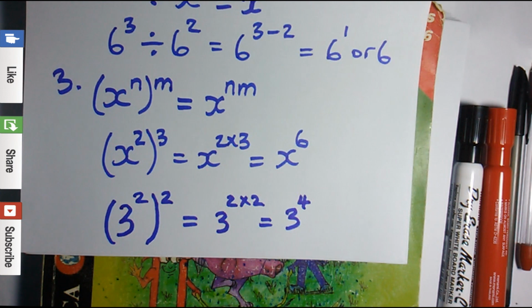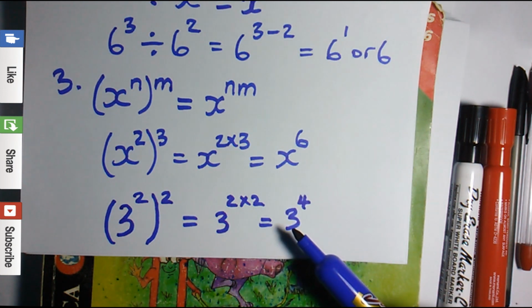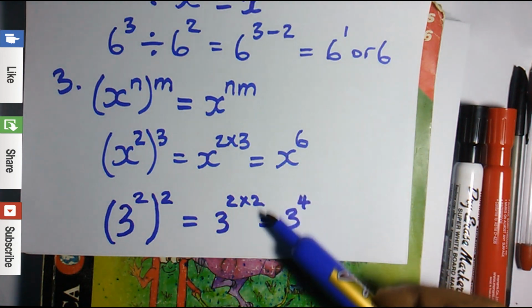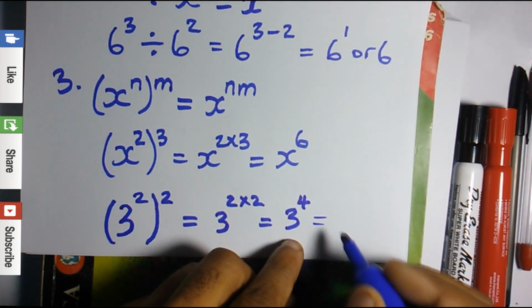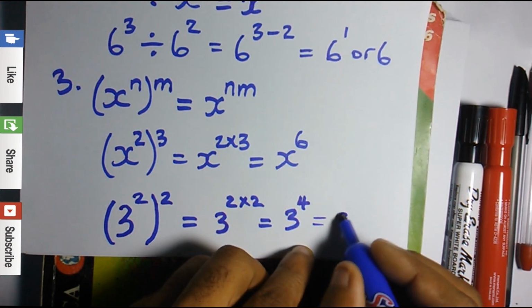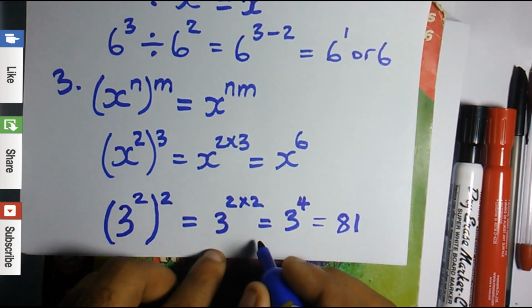As I said before, if they wanted the answer in exponential form, meaning the base with the exponent without solving, we would leave it like this. But what if they wanted us to give them the exact value? The answer would be 81.